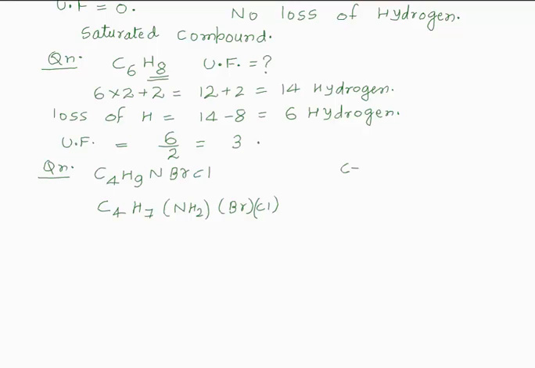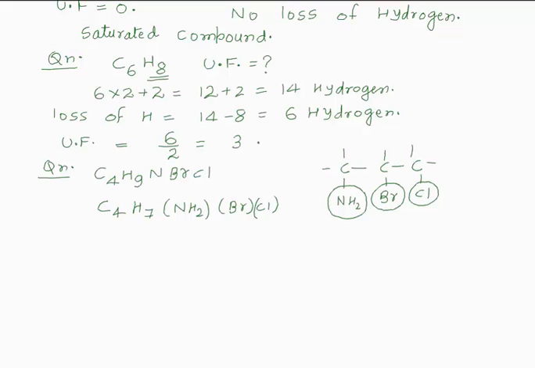Now see, in any compound, chlorine takes the same slot as taken by hydrogen, bromine also takes the same slot, and the NH2 group also takes the same slot. This means NH2 group will be treated as 1 hydrogen, bromine will also be treated as 1 hydrogen, and chlorine will also be treated as 1 hydrogen.